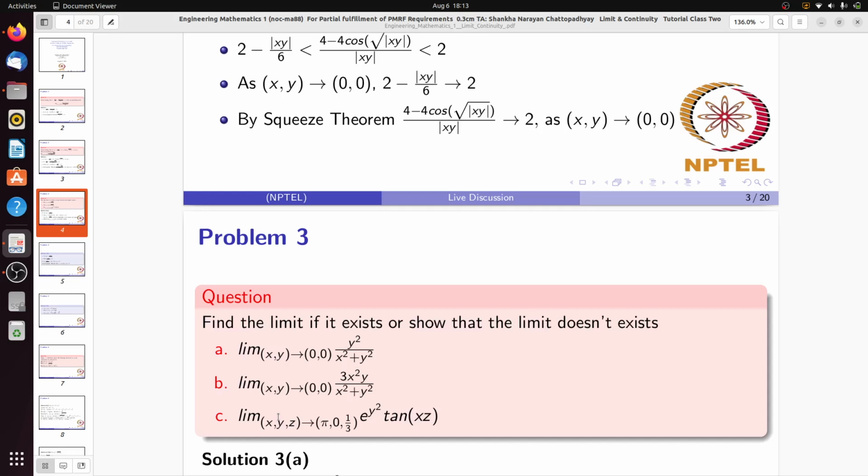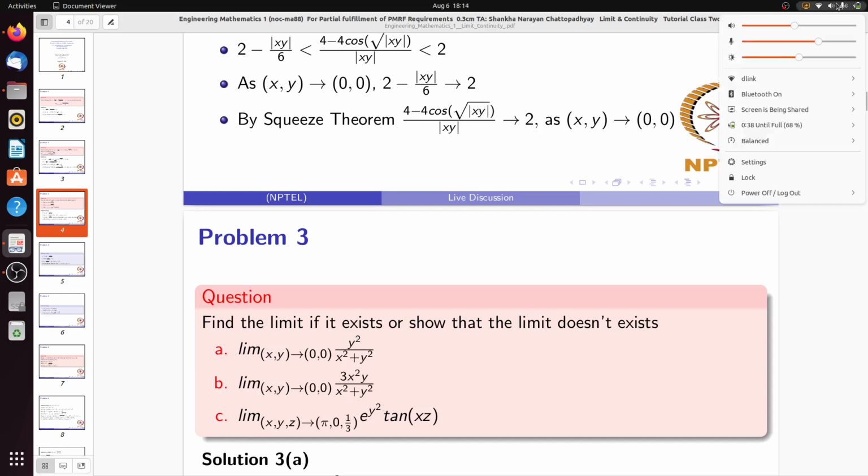In the very next question, don't be scared by seeing these three variables. It is a very easy one, because e to the power y square tan xz is a very nice function, and the approach is the same. We are just generalizing things. In one variable calculus we have to treat just one variable.